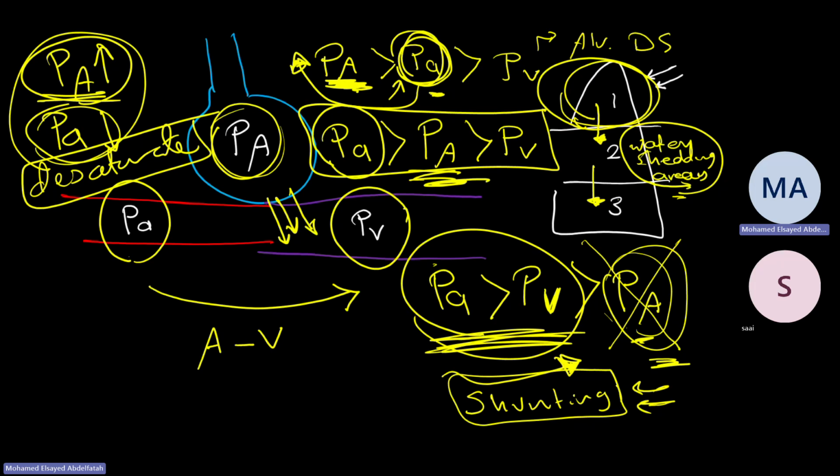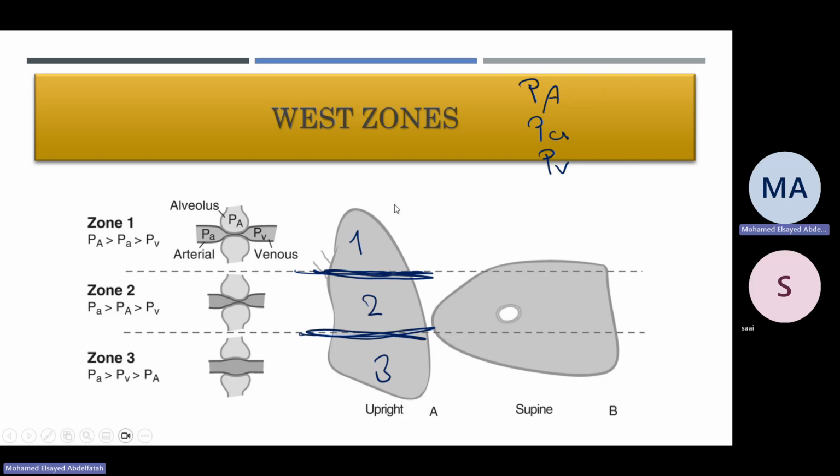In some procedures which need hypotensive anesthesia, some patients start to desaturate due to severe hypotension. So zone 1 appears and leads to alveolar dead space, which leads to arterial desaturation and so on. This is a clinical point related to West zones.